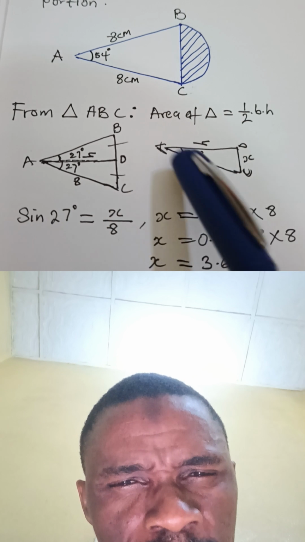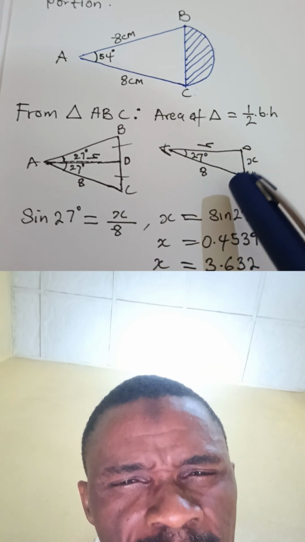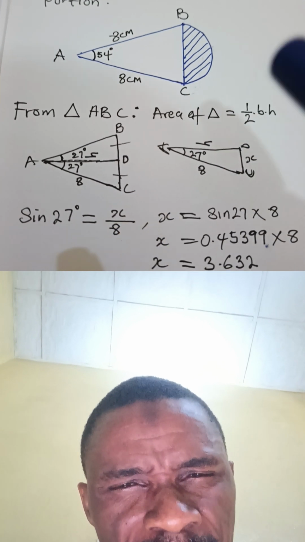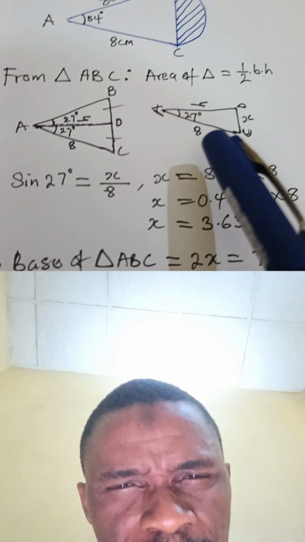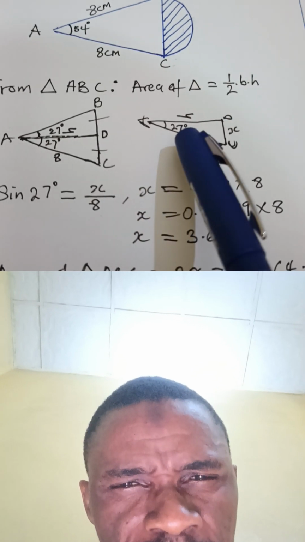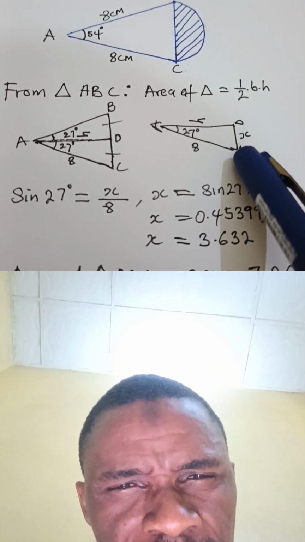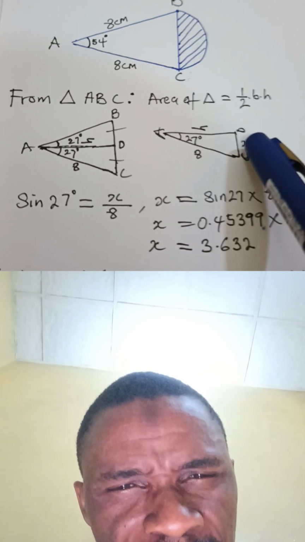We are going to use the relationship between cos, tan, and sine, so any one that is applicable here. Now, for us to be able to get this base, this one of the base, the CD, I named that X.